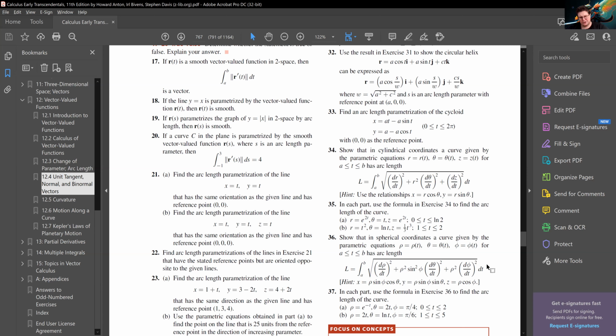I think we might actually do this when we get to partial derivatives. At the very least, arc-length parameterization with cylindrical and spherical coordinates. You don't need to know it, but just know that they exist. They're in the book. One of the problems, I think 35, I assigned, so you get some practice doing it. But let's go on to our next problem.